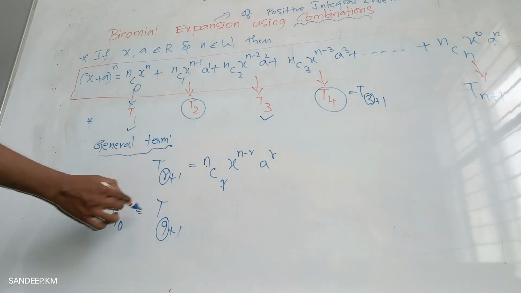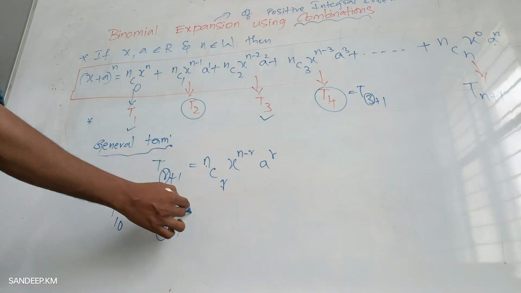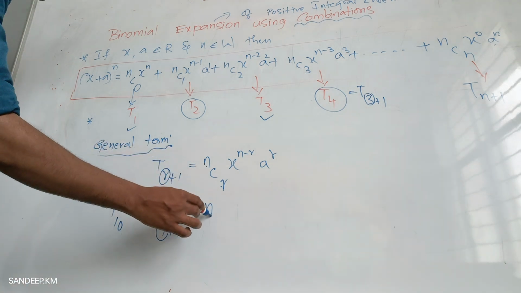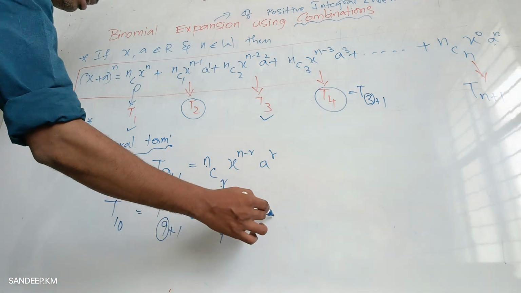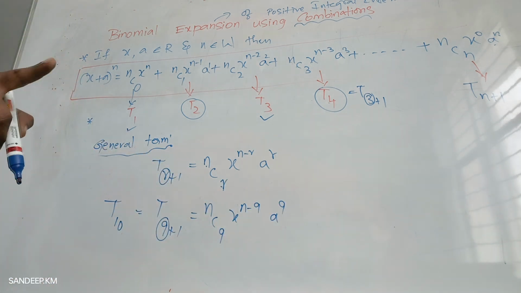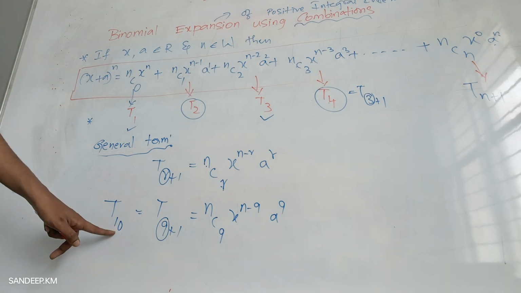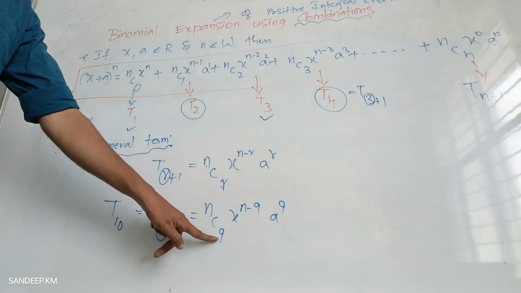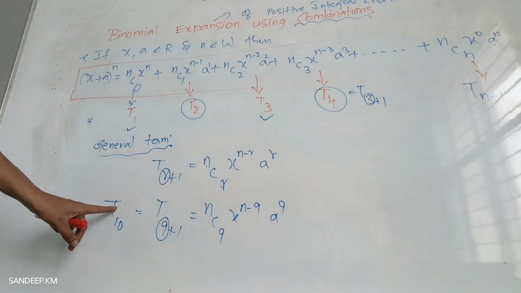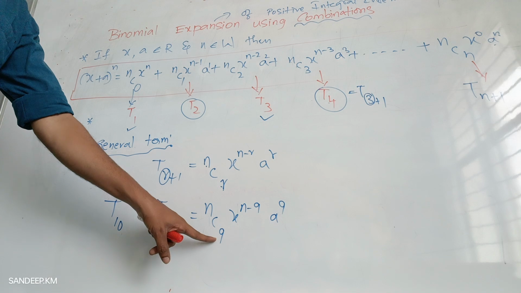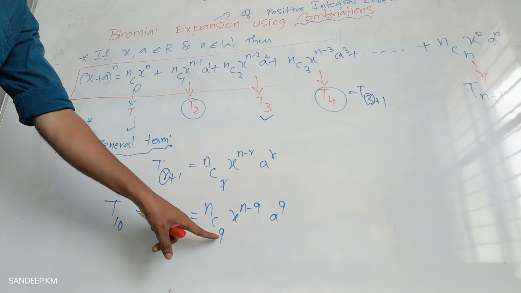So what is the R value? R value is 9. So what is the 10th term in this expansion? NC9, x power n minus 9, a power 9. Please observe one thing. If they are asking the 10th term, here we got the suffix as 9. The mistake children generally make is that if they are asking the 10th term, they will write 10 here. Be careful. It is not 10, it is 9.